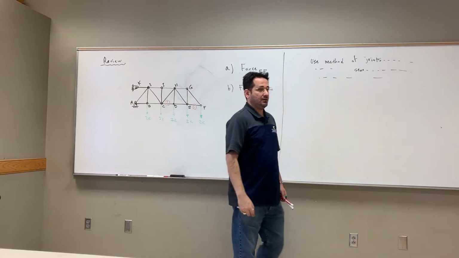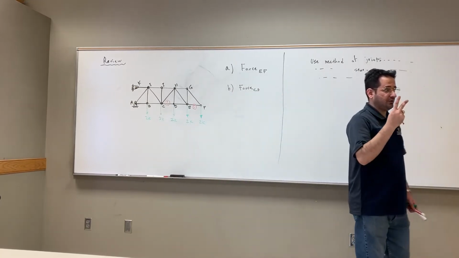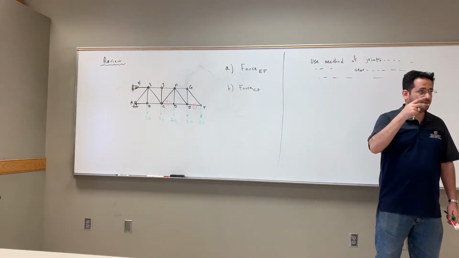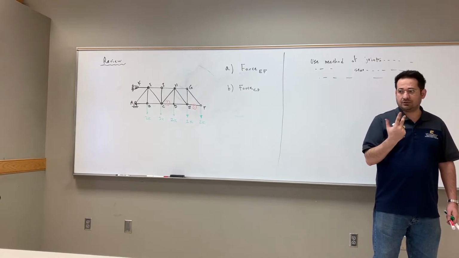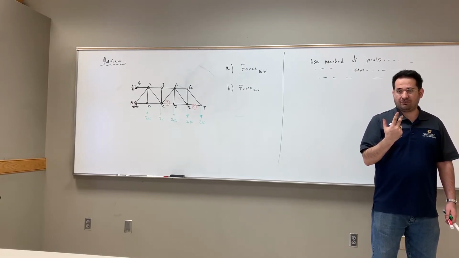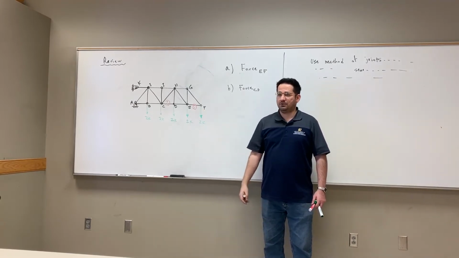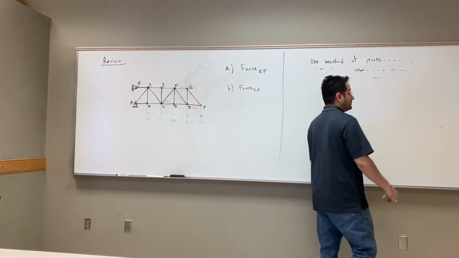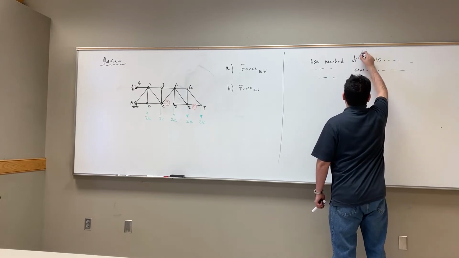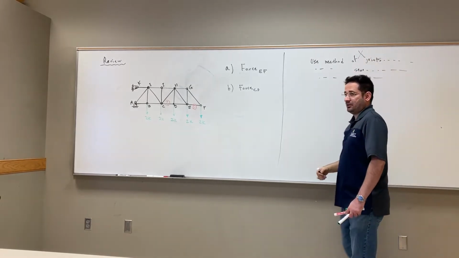I have 11 joints. Each joint gives me 2 equations. 11 times 2, 22 equations. Is that the fastest way to get the force in this member? No. So unfortunately, I had to deduct some grade.